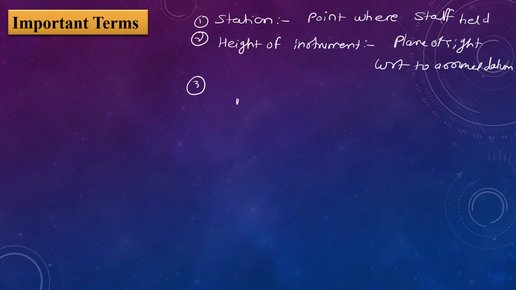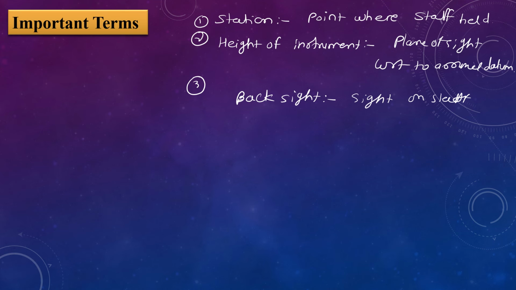Then third one is backside. Backside is a sight taken on a staff held at a point of known elevation.